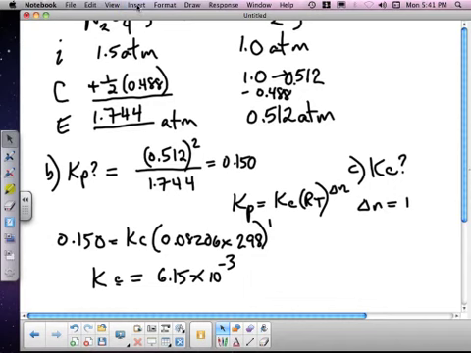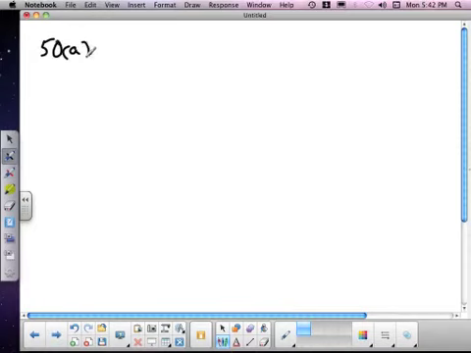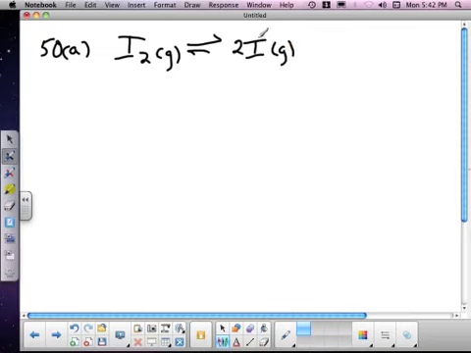Okay, 50 A. At 800 K, the equilibrium constant, and here's my equilibrium, I've seen this before, Kc is 3.1 times 10 to the minus 5.